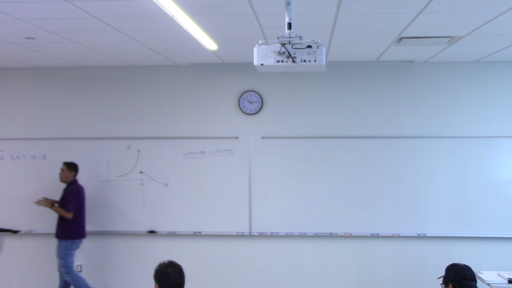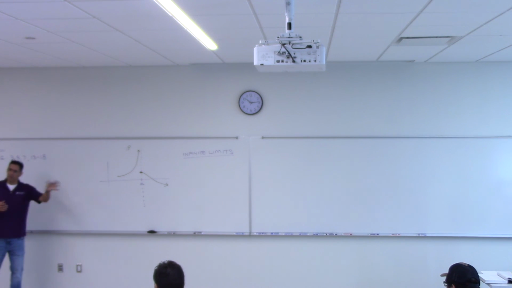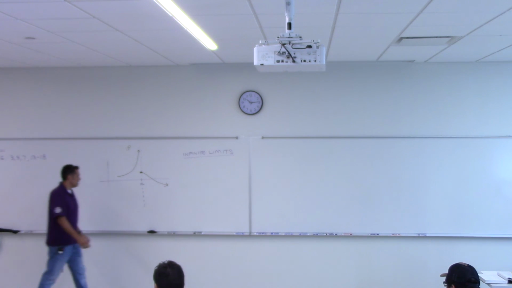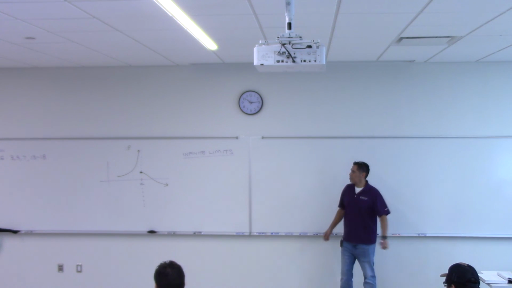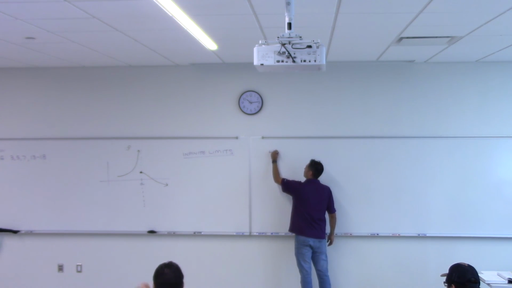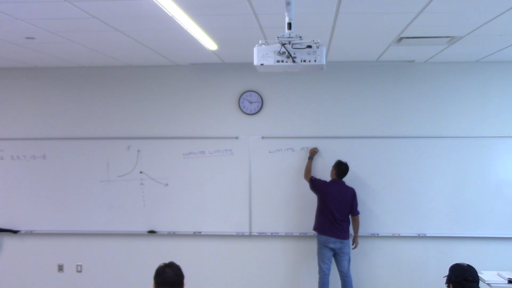Everything we've been doing are called infinite limits, because our answer is infinity or negative infinity or does not exist. So those are called infinite limits. Our limits are infinity, positive or negative, or does not exist. Now we're going to transition to the second part of this section, which is called limits at infinity.